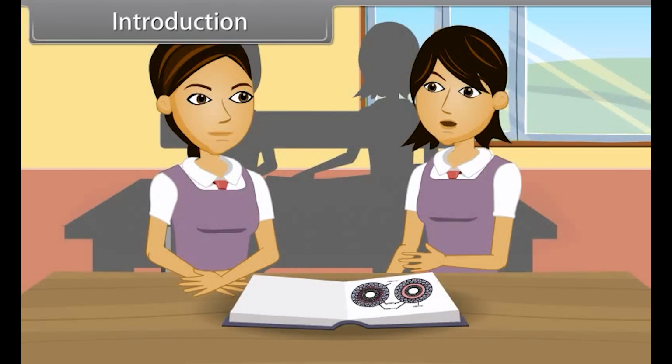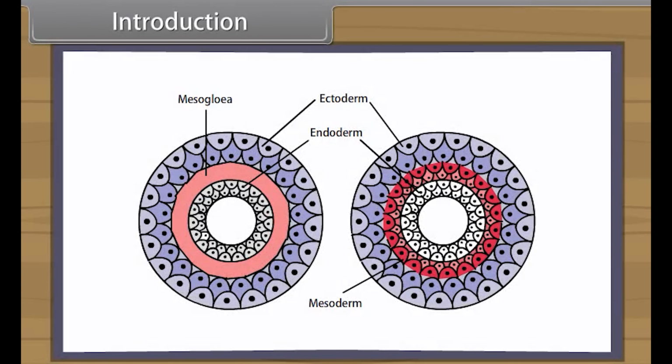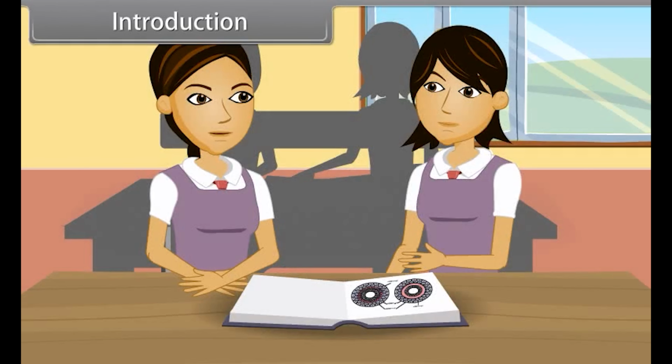According to presence of number of germ layers, animals are either diploblastic, example sponges, coelentrates, or triploblastic, example flatworms to mammals. We will now discuss some important characters and examples of various phylum of kingdom Animalia.